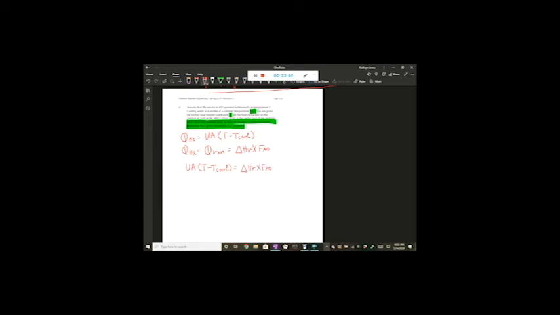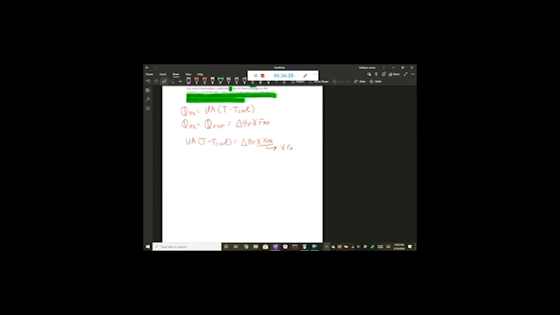Actually, it shouldn't be FA naught because we are in a batch reactor, so NA naught. We know this term right here is also equal to V times RA, through our mass balance.